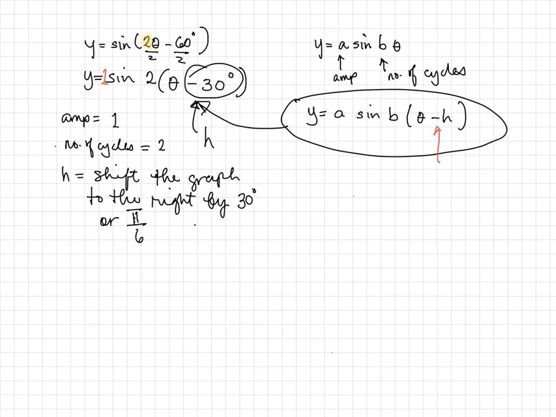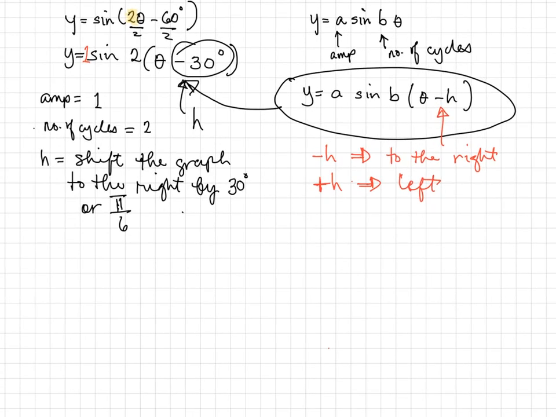Okay, so the h here, if it's a minus h, then we shift to the right. If it is the plus h, then it's shift go to left. Now we are ready to graph.